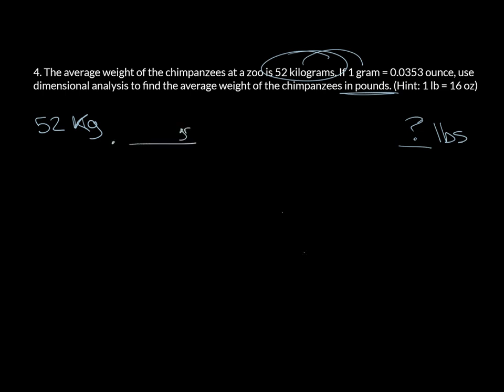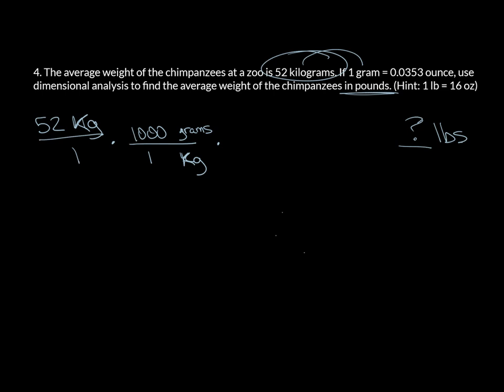Because I want to convert to grams and cross out the kilograms, whatever unit I want to cross out, I need to put diagonally across from it so it can cancel. In 1 kilogram, there's 1,000 grams. See, the kilogram is diagonally across from itself.